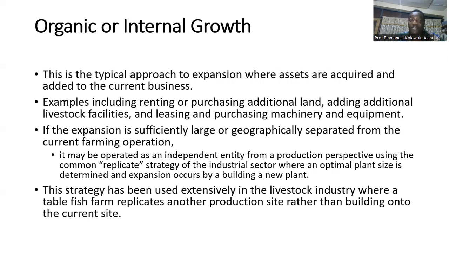Organic or internal growth. This is the typical approach to expansion, where assets are acquired and added to the current business. For example, you can rent or purchase additional land. If you want to grow and expand your operation, you can get more land, purchase additional land where you are going to dig more ponds.